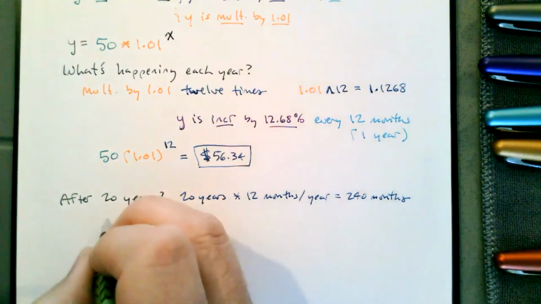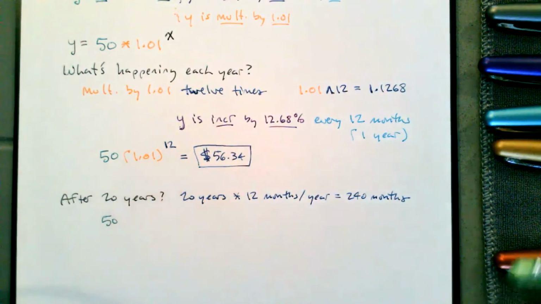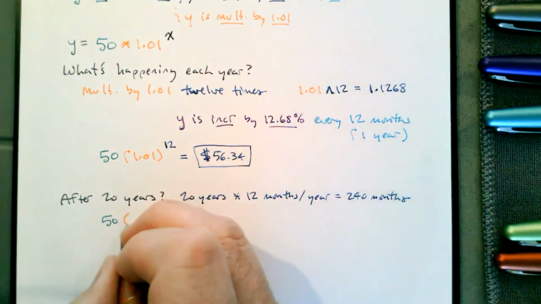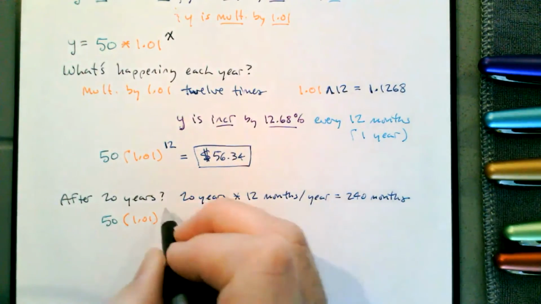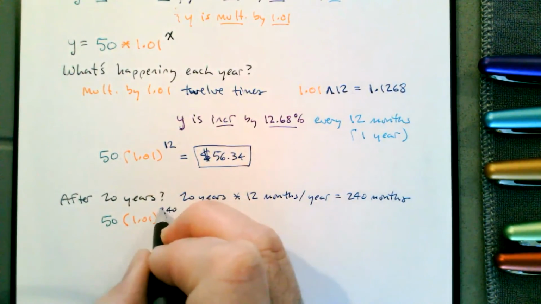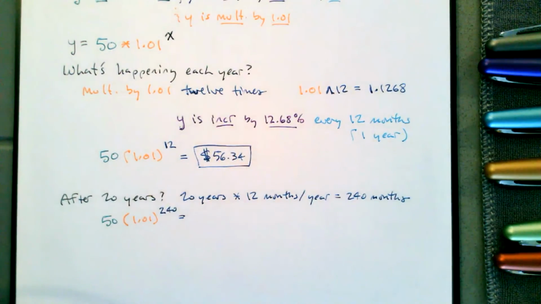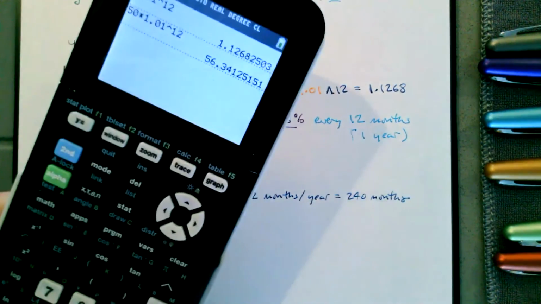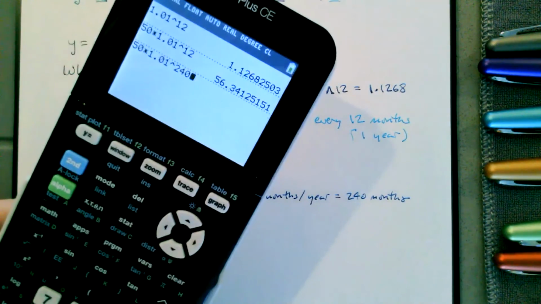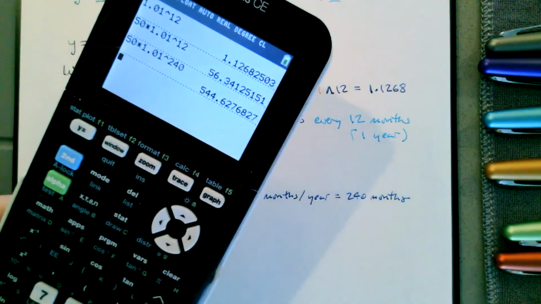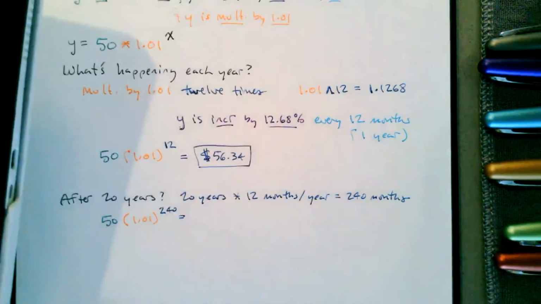So I have 50 times 1.01 to the 240th. So let's try that. Same thing, but instead of 12, now I have 240. So $544.63.